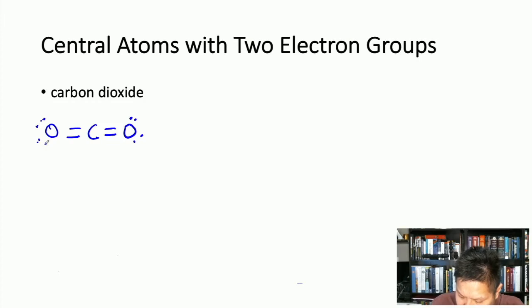The reason I did that is because VSEPR theory says that the electron pairs want to be as far away from each other as possible. That, along with how the atoms are bound to the central atom, dictates what shape carbon dioxide is going to be.